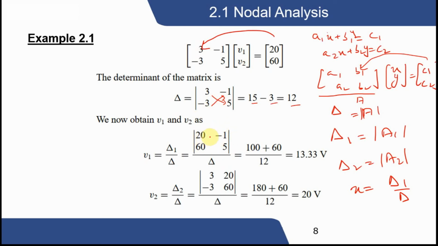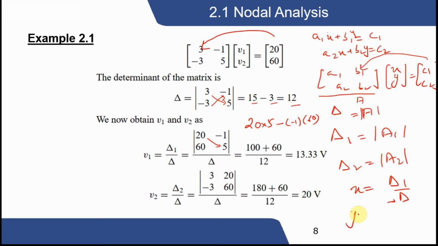The determinant is 20 times 5, which is 100, minus minus 1 times 60, so minus minus plus, 100 plus 60. To calculate V1 we divide by delta, which is 12. So the answer is 13.33 volts.